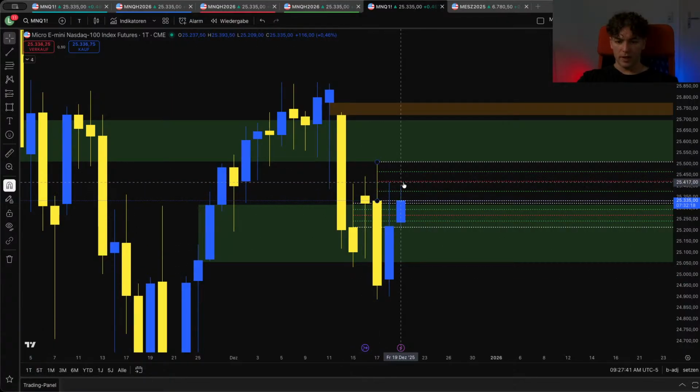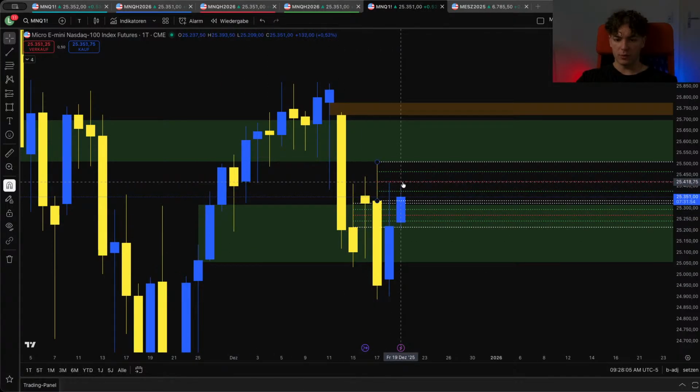We can wick up higher as much as this upper quadrant, okay? But we want to see a close below this midpoint. Even better, as I told you, we want to see price close inside of this daily fair value gap here and this volume imbalance.